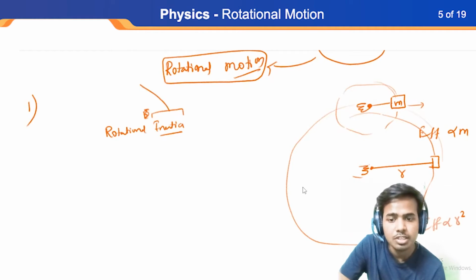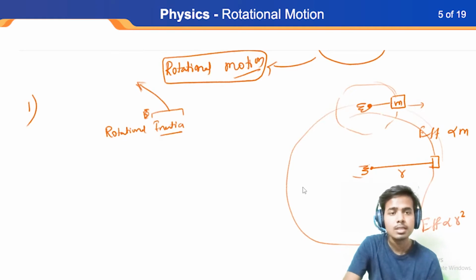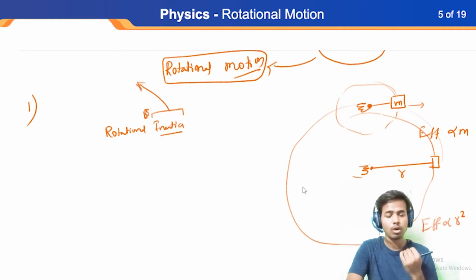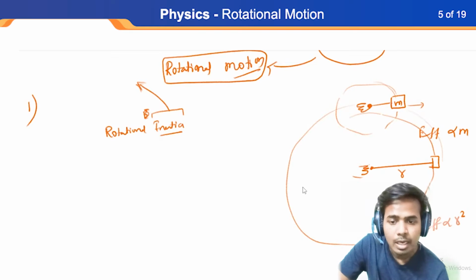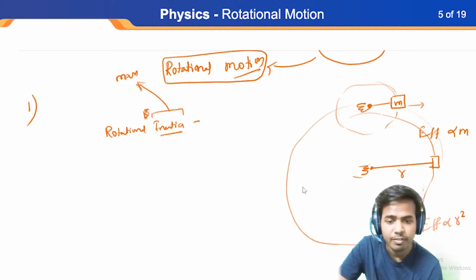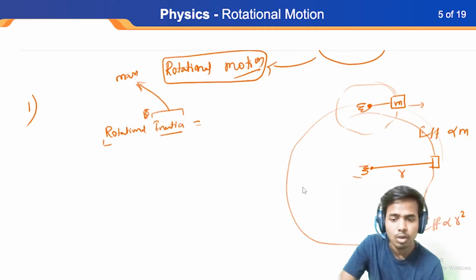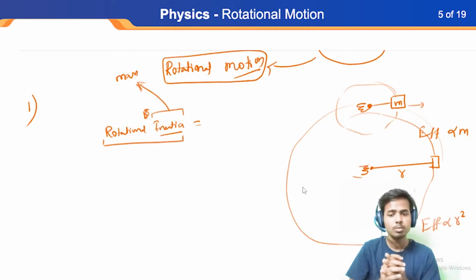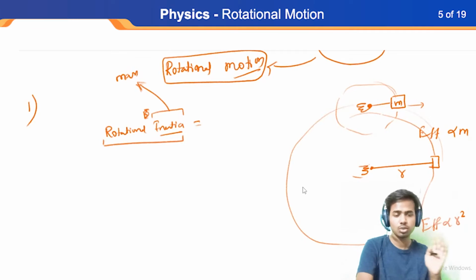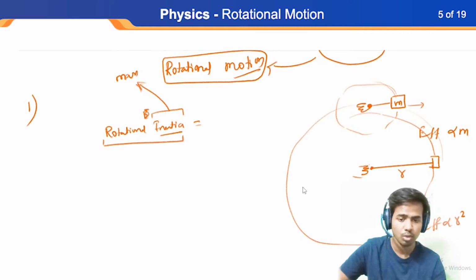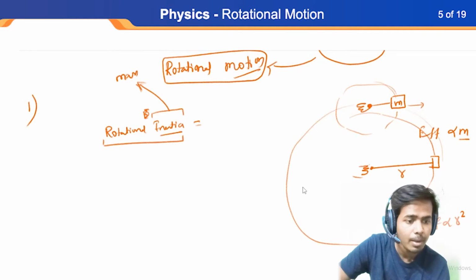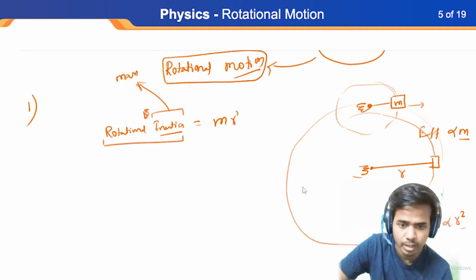The inertia in translational motion was the resistance of the body to move or from moving. That was numerically equal to the mass. But the term I'm defining here, I have called a layman term, rotational inertia, just so that you understand what is being talked about. So it will be directly proportional to m and r squared. It is actually defined as mr squared only.